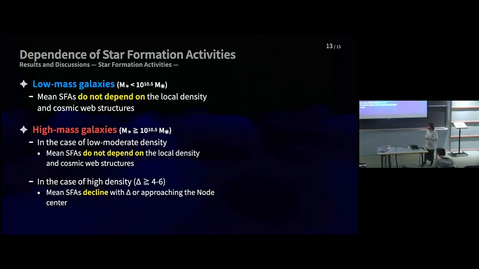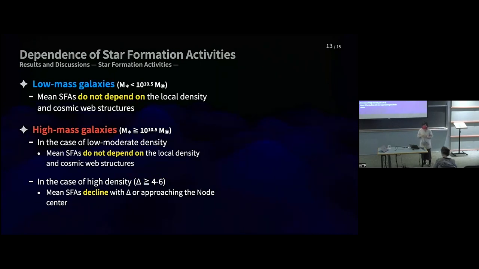So summarizing our star formation activities results, we found no dependence of star formation activities in low mass galaxies on both the small scale and the large scale of the cosmic web. On the other hand, high-mass galaxies show a drop in star formation activities in high-density regions or toward a node, although their star formation activities are about the same in low-density regions.